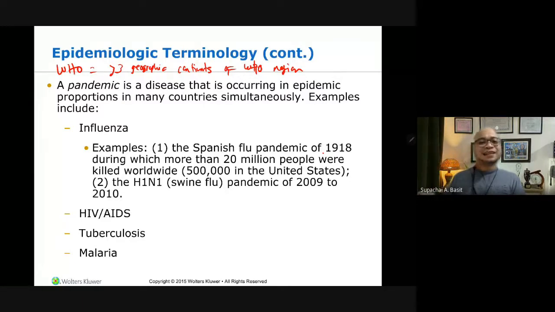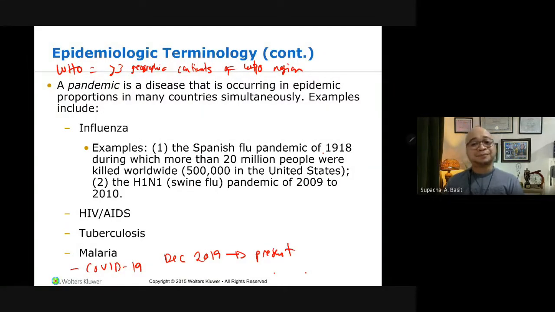Before COVID-19, there was the Spanish flu in 1918, which killed more than 20 million people worldwide. H1N1 in 2009 to 2010. HIV and AIDS are considered pandemics. Tuberculosis, malaria. Right now, we have COVID-19, which started from December 2019 and unfortunately continues up to the present time.